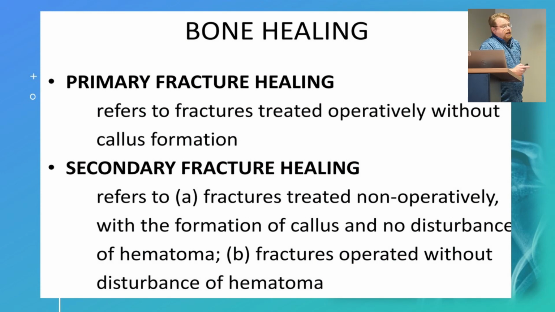All right. Does anybody know the difference between primary and secondary fracture healing? It's okay if you don't. So if you put a plate on a bone and you're squeezing the bone together, you're relying on the bone to reach to the other side. That's primary bone healing, but it has to be very solid to do that. So plate and screws. Secondary is most everything else.